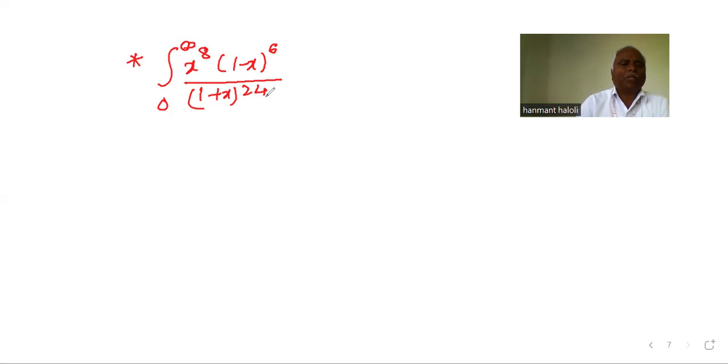Now for such examples, how are we going to convert them into solvable or standard form? I will treat it as a beta function integral, 0 to infinity.